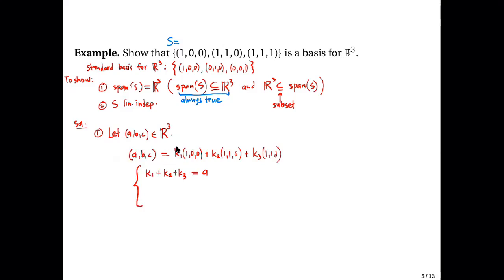For the second component, k1 times 0 is 0, but you have k2 plus k3, and the second component on the right is equal to b. And lastly, for the third component, this is 0, this is 0, and this is 1. So you have k3 equals c.